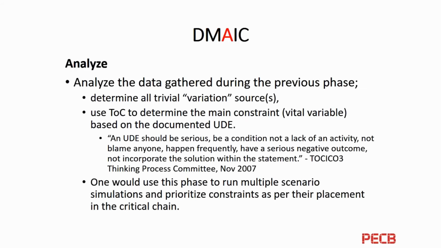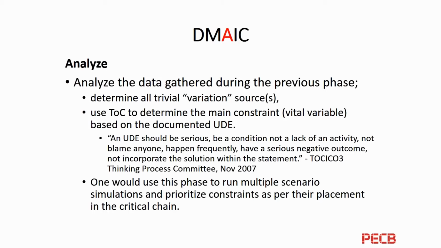During the third phase of Six Sigma, we would be analyzing the data gathered during previous phases. We will rule out all the trivial variations, or the secondary negative effects, if you want. We would be using theory of constraints to determine the main constraint, the vital variable, based on the documented undesirable effects.